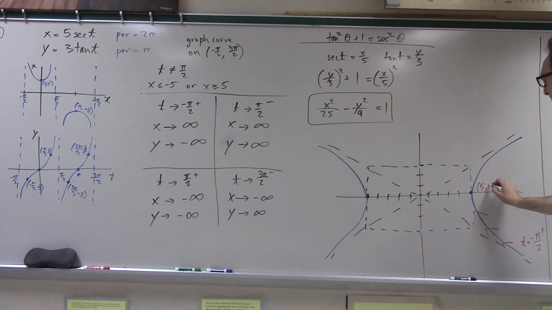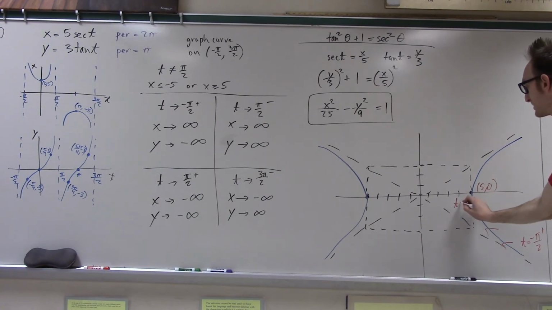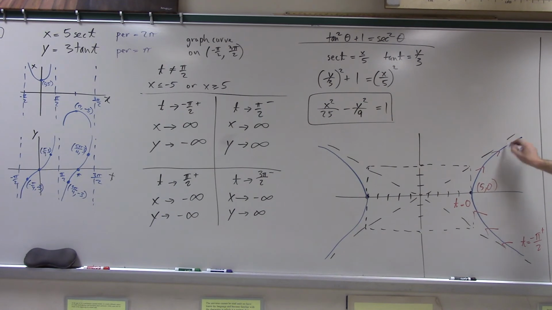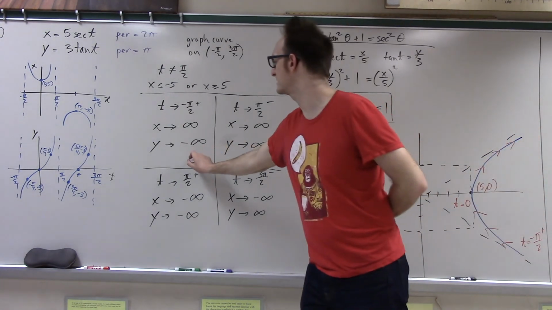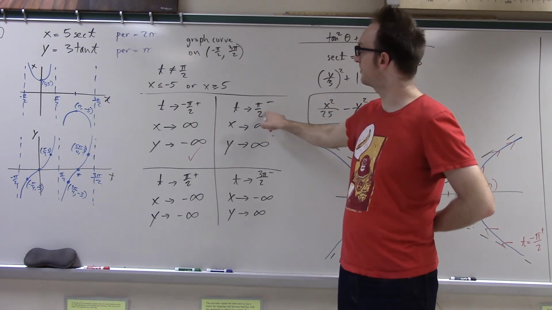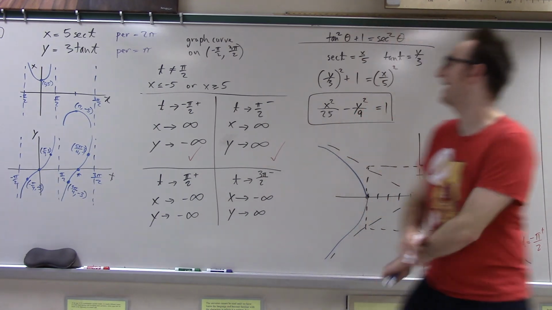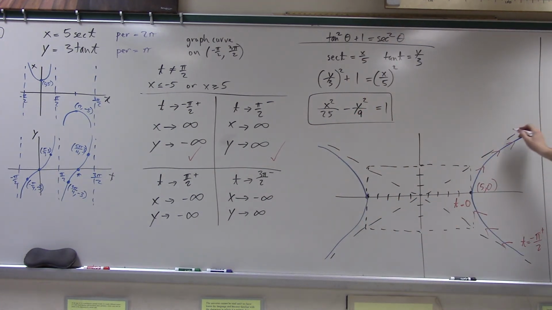So this is the point 5 comma 0, and this happens when t equals 0. So it's all making sense. Then consulting my chart, what comes next? As t approaches pi over 2 minus, I'm at infinity comma infinity. So this is t equals pi over 2 minus.